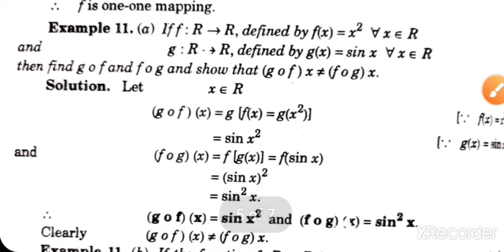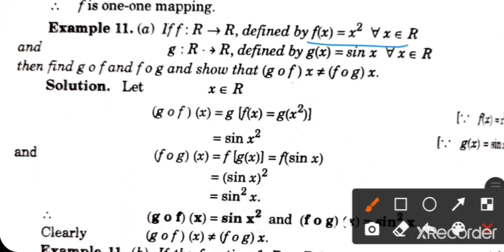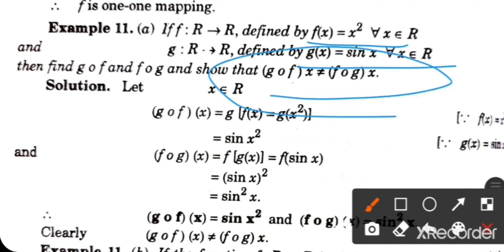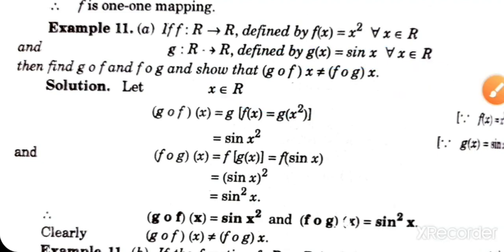F from R to R, f(x) is equal to x square, g(x) is equal to sin x. We have to show GOF not equal to FOG. GOF of x means g of f(x). F(x) is equal to x square. Then we get g of x square.